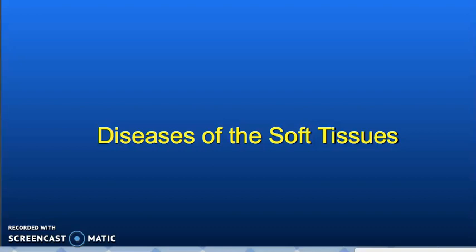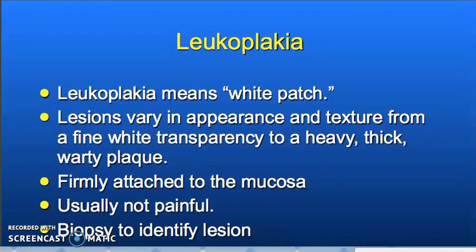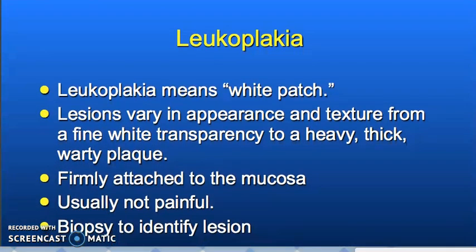So let's look at diseases of the soft tissues. The first one we're going to look at is called leukoplakia, and leukoplakia simply means a white patch. These are lesions, but still, again, it's an oral disease. Lesions that vary in appearance and texture from a fine white transparency to a heavy, thick, warty plaque.